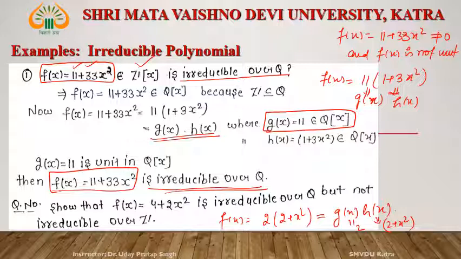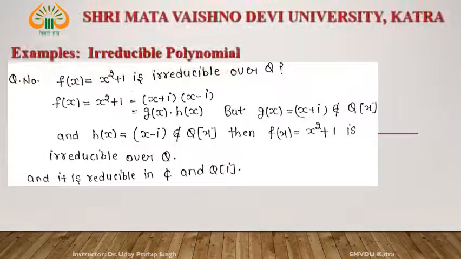So this is irreducible over Q. But this 2 is not invertible in Z. So this g(x) is not a unit in Z and h(x) is also not a unit in Z. So this polynomial is a reducible polynomial in Z. This is reducible in Z.